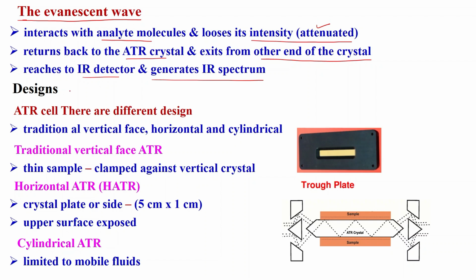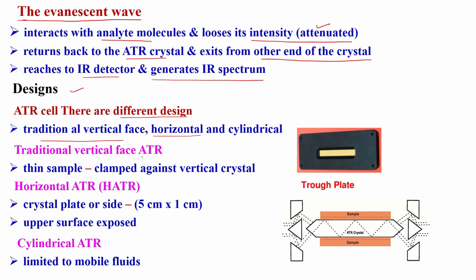Now if you see the designs of ATR cell, there are different designs available. That is the traditional vertical design, in which we have vertical plates, and the sample is clamped against the vertical crystal. Then we have the horizontal type of design, in which we have a flat plate, normally 5 centimeter by 1 centimeter, and we keep the sample on it, and in this case the upper surface is exposed.